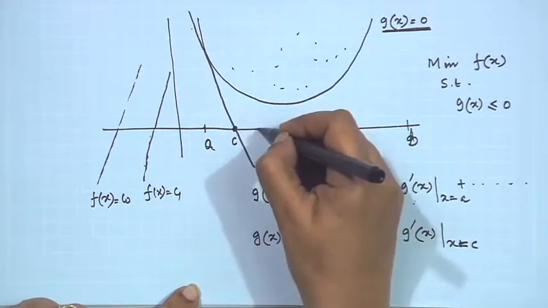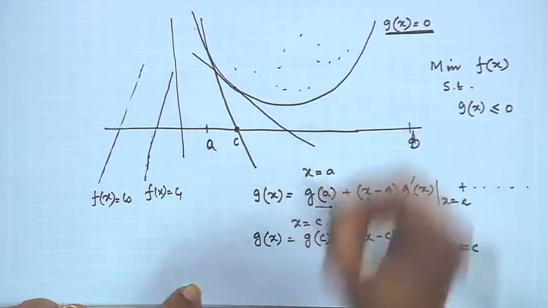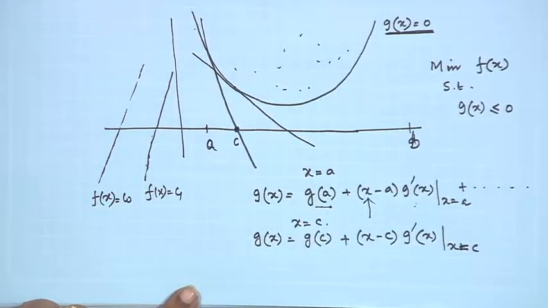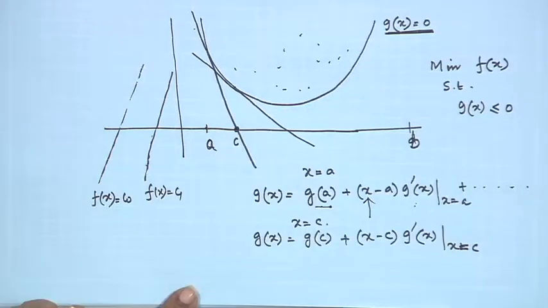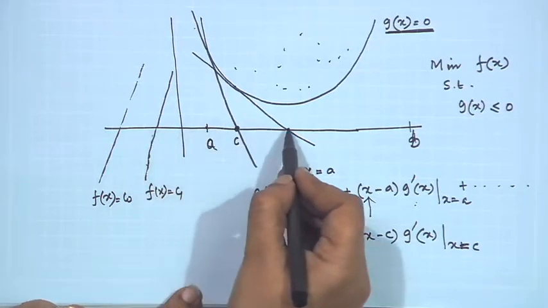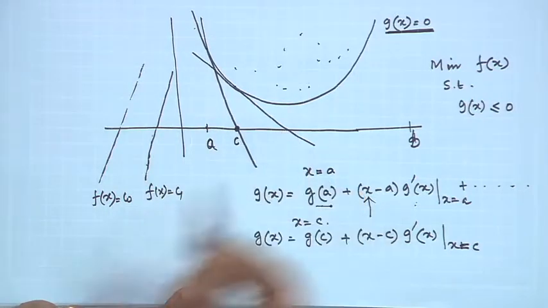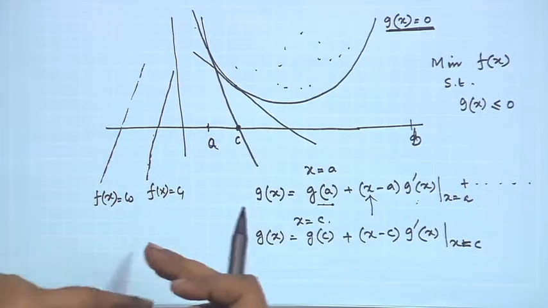Then at this point we will have another linear approximation of g(x). Clear? This is the linear approximation of g(x) through Taylor's theorem, Taylor series, and the objective function is moving further and further, and we will get the optimal solution. In this way, minimization or maximization we will handle, okay.